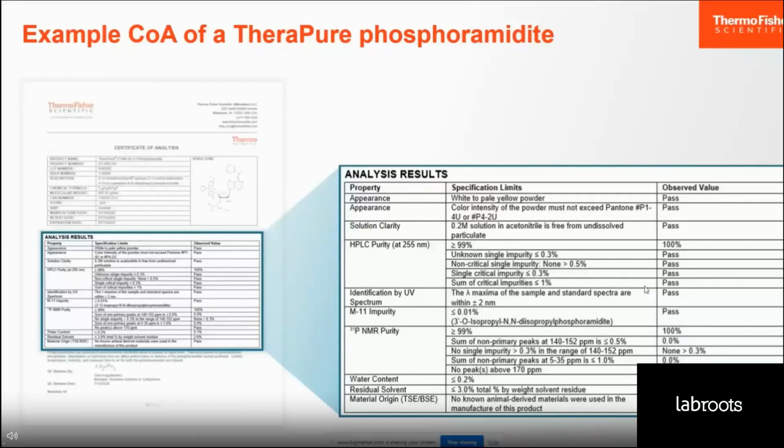And then you can see the purity is measured by HPLC with considerations for levels of critical and non-critical impurities. And the purity is also verified with the use of the phosphorus NMR. And then water content and residual solvents are included. And finally, the products are certified to be animal origin free by diligently looking at all the materials that go into the synthesis, as well as any packaging the product may see.